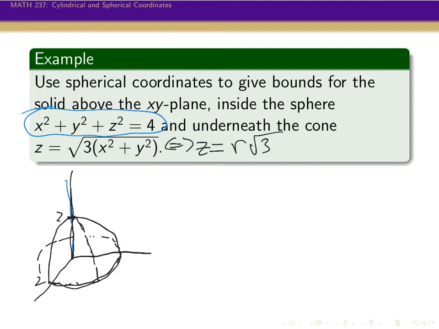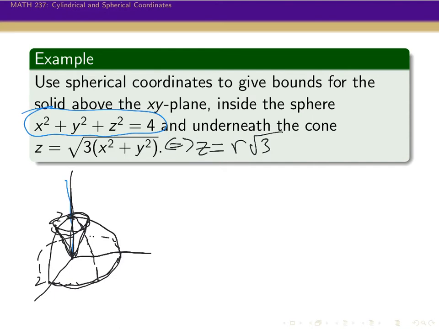And so if you think about this, this is sort of rotating around in a circle. And so on either the xz plane or the yz plane, it's going to carve out a line of slope square root of 3. And that's going to swing around in a circle. And so it kind of cuts out that right there.